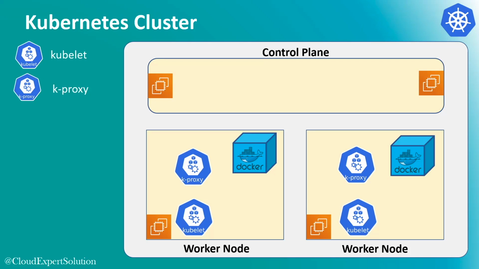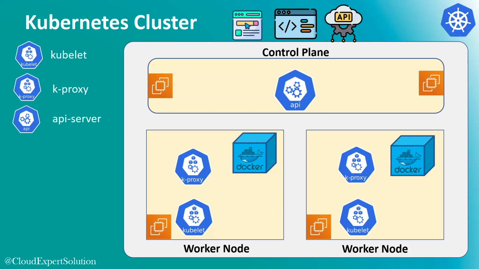Then moving to the control plane, there is a component called API server. API server is the gateway or the front end of the Kubernetes control plane, and it exposes the Kubernetes API either to a web UI or Kubernetes UI, or the CLI, or you can access the Kubernetes control plane using APIs.